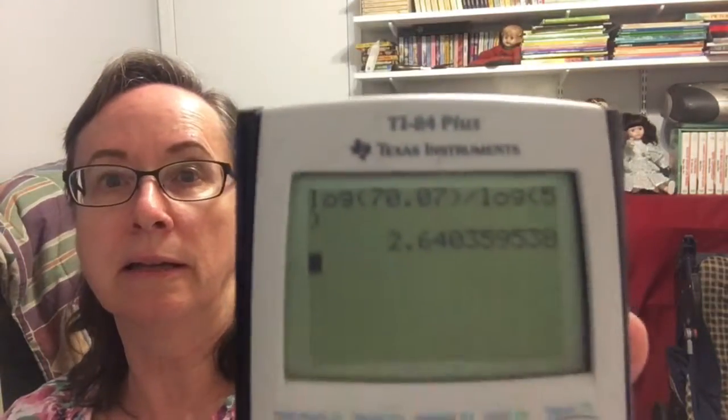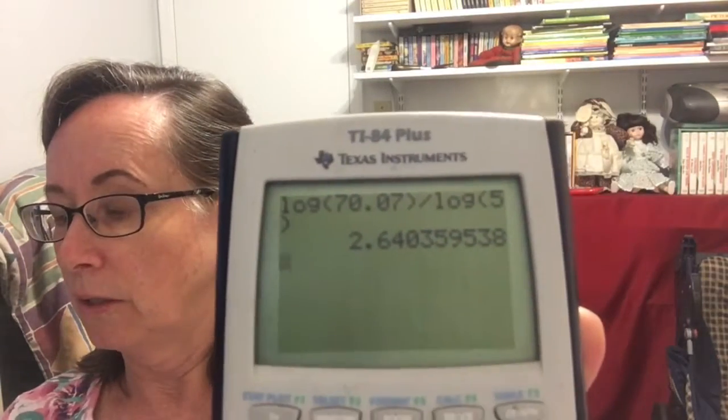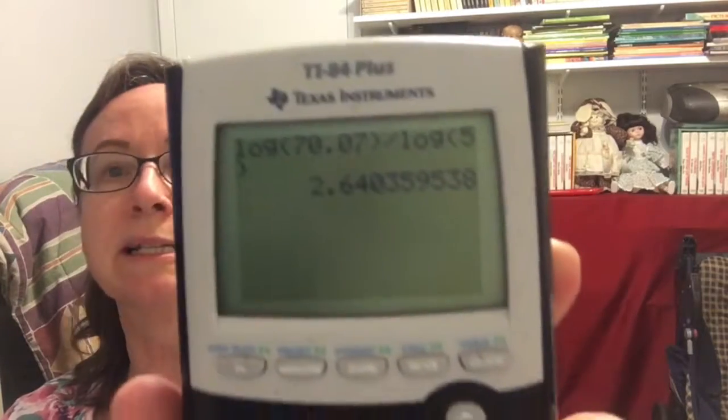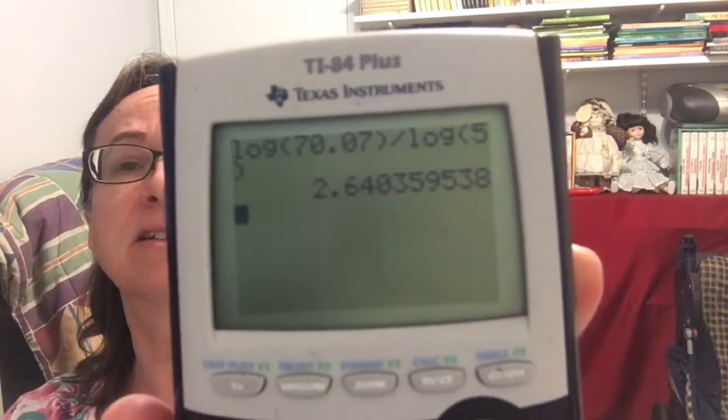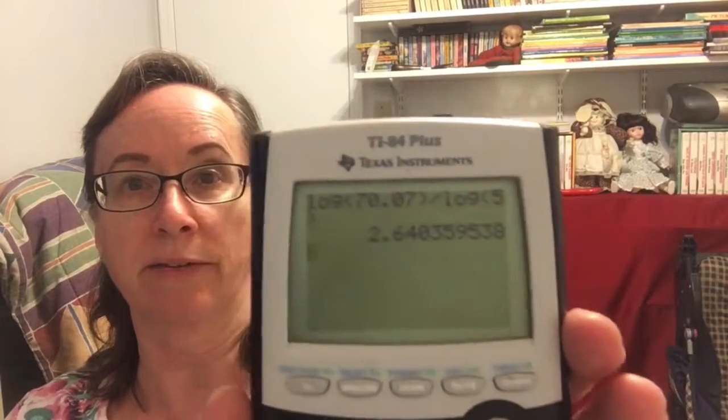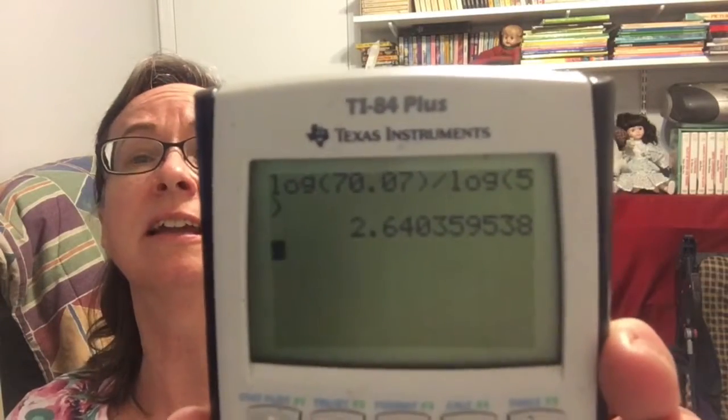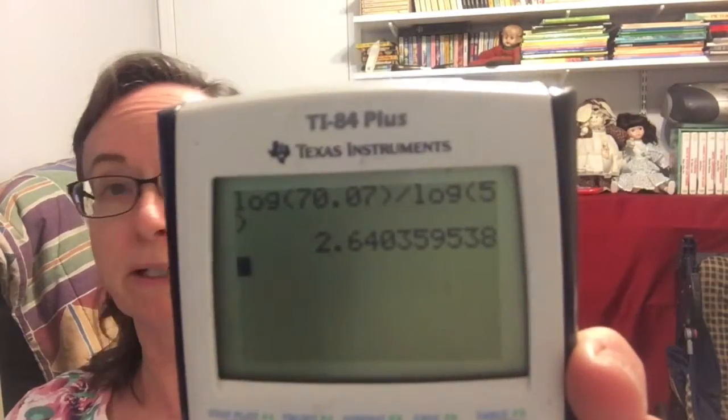Okay, and I end up getting 2.6404 on the answer key here. 2.6404 looks good on there as well. Can you see that?